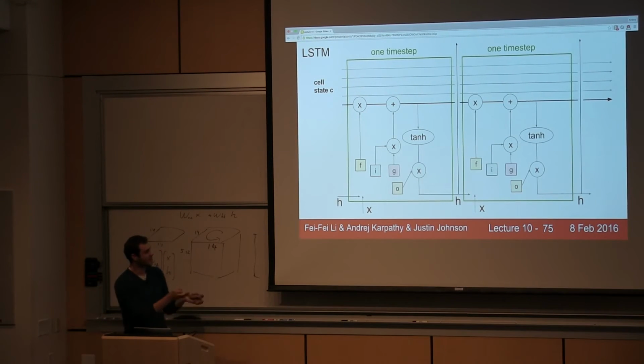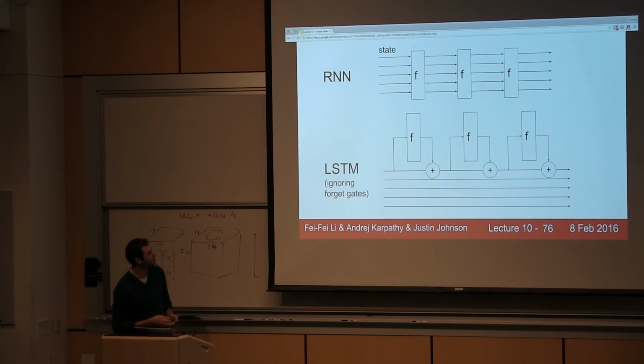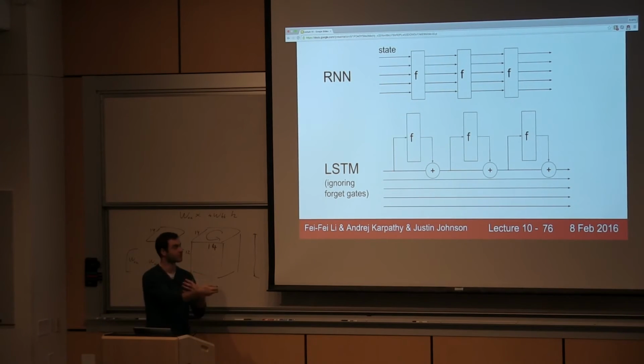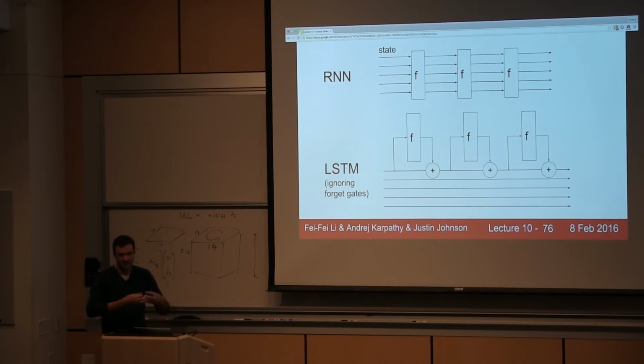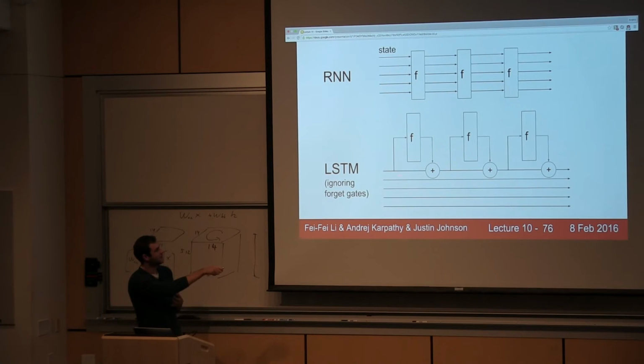Now, to understand exactly why this is much better than an RNN, we have to go to a slightly different picture to draw the distinction. So the recurrent neural network has some state vector, right? And you're operating over it, and you're completely transforming it through this recurrence formula. And so you end up changing your hidden state vector from time step to time step. You'll notice that the LSTM instead has these cell states flowing through. And what we're doing effectively is we're looking at the cells, and some of it leaks into the hidden state.